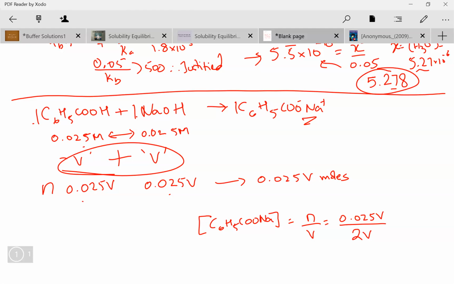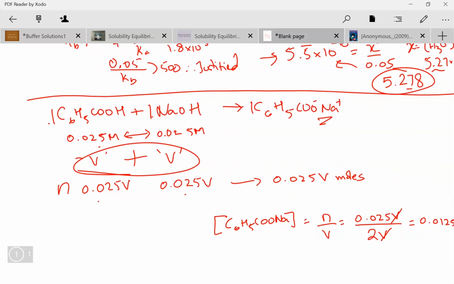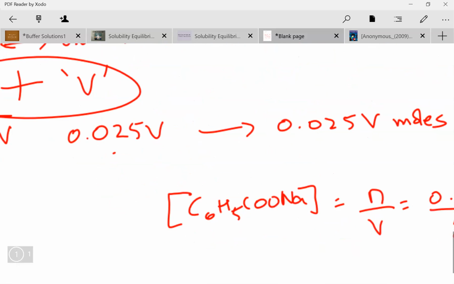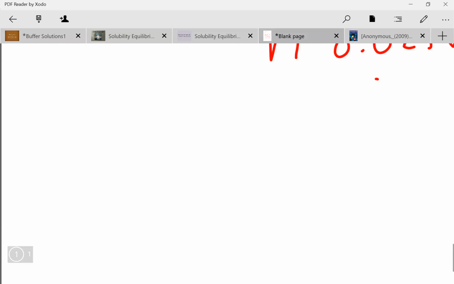It doesn't really matter what original volume I had because I have doubled the volume. So I can cancel out the V's, and so my concentration will basically become half of the initial concentration. Right, so that's why this was a bit trickier to process, but that's okay. We figured it out.